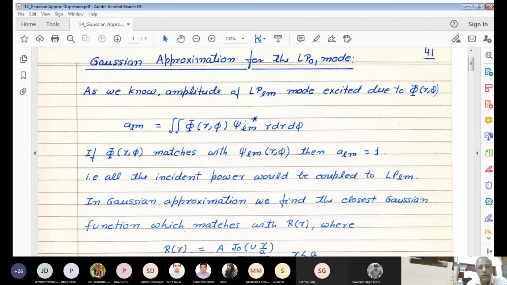So what would be the loss at that splice is basically decided by the modal field pattern, that is, how the modal field pattern of one fiber piece is overlapping with the other fiber piece. Unless they are aligned exactly, there will be a lot of loss. And this calculation can be done only using the overlap integral of the modal field pattern.